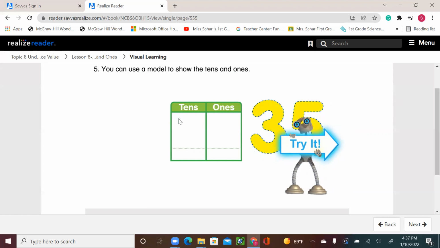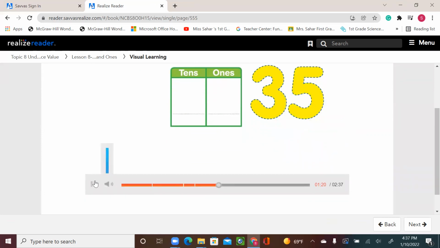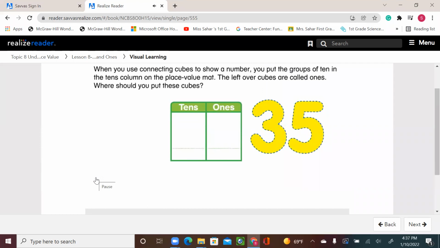So I can put 3 tens under the bar where it says tens, and in the column where it says ones, I can put 5 ones or 5 counters, and that means I have 3 tens, 30, and 5 ones. When you use connecting cubes to show a number, you put the groups of 10 in the tens column on the place value mat. The leftover cubes are called ones. Where should you put these cubes?